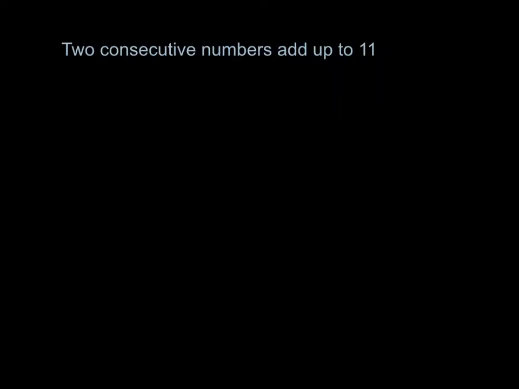So we're going to get a lot of problems like this. 2 consecutive numbers add up to 11. So the way that I'm going to get 2 consecutive numbers, if you remember from the last slide, is x is going to be our first one, and x plus 1 will be the second one. Now what do I know about them?